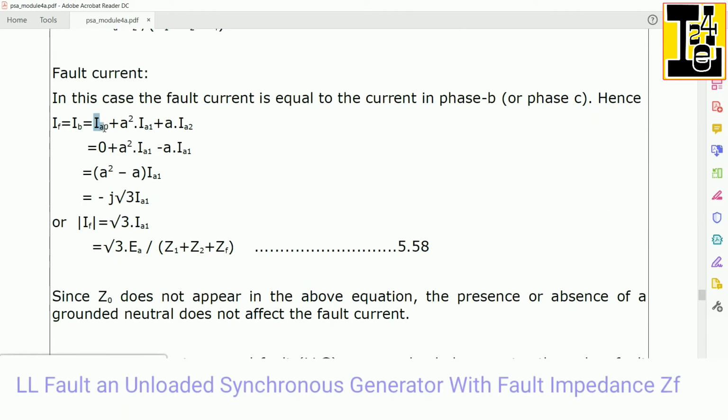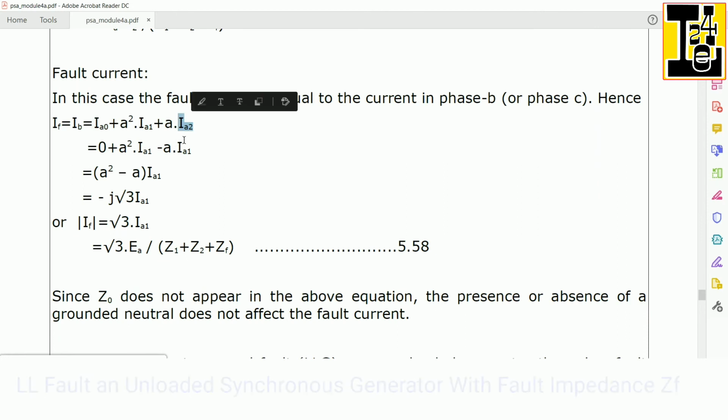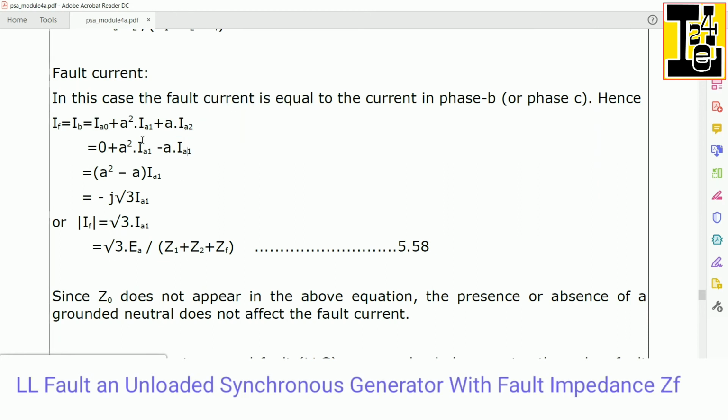IB in terms of symmetrical components is IA0 plus A square IA1 plus A IA2. As IA0 is equal to 0 and IA2, taking in terms of IA1, which are opposite to each other, IA2 is equal to minus IA1. So taking IA1 common, remaining inside is A square minus A, and A square minus A is minus j root 3. So the expression for fault current is IF is equal to minus j root 3 into IA1.